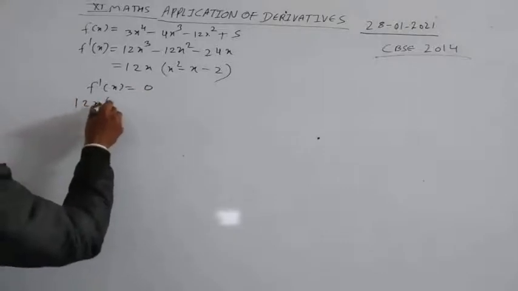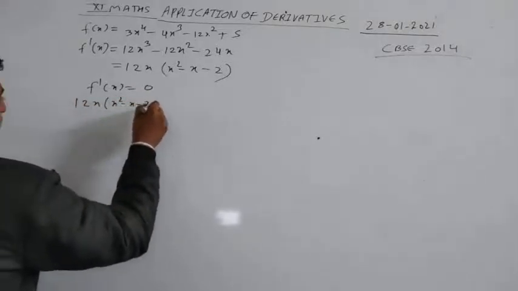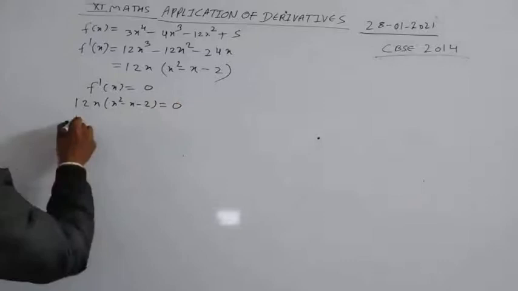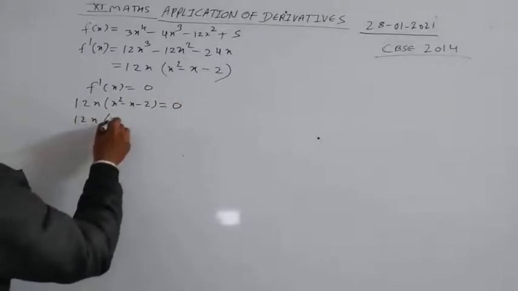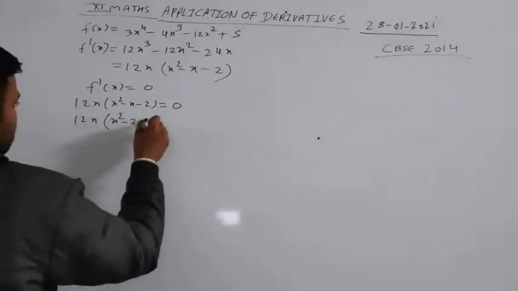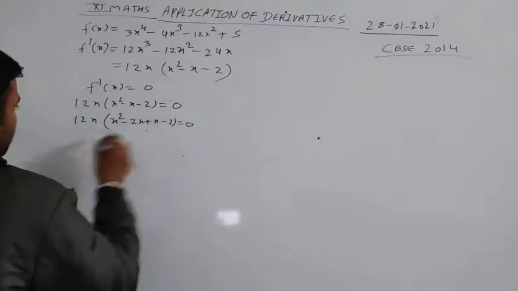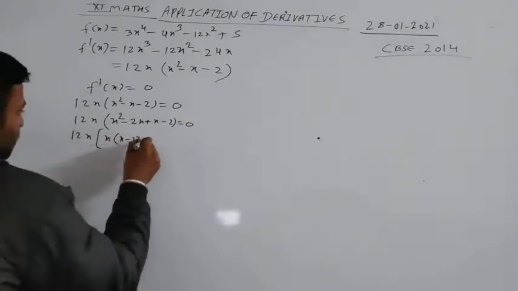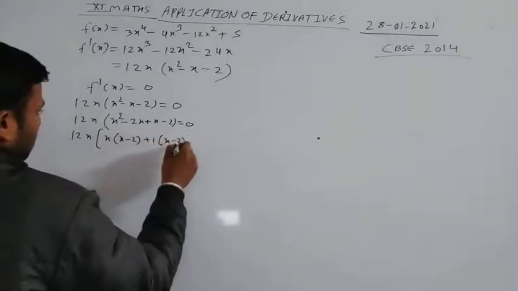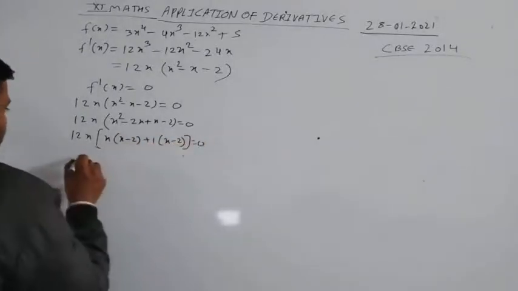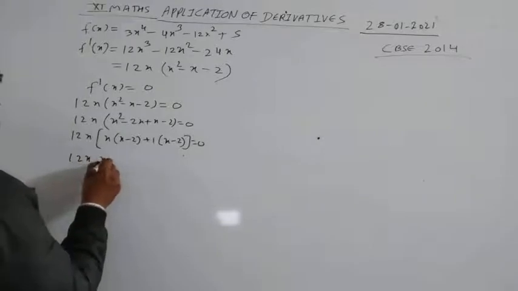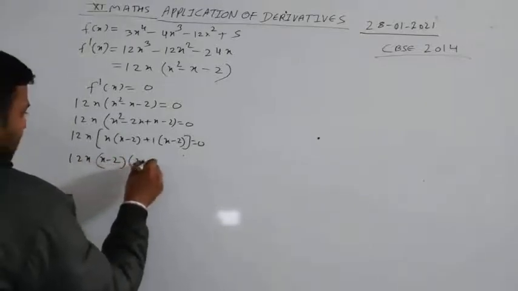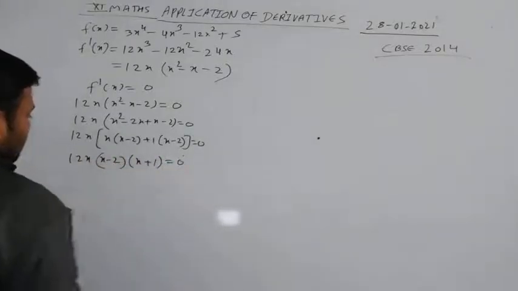So 12x (x square minus x minus 2) is equal to 0. So 12x (x square minus 2x plus x minus 2) is equal to 0. So 12x (x(x minus 2) plus 1(x minus 2)) is equal to 0. So 12x (x minus 2)(x plus 1) is equal to 0.